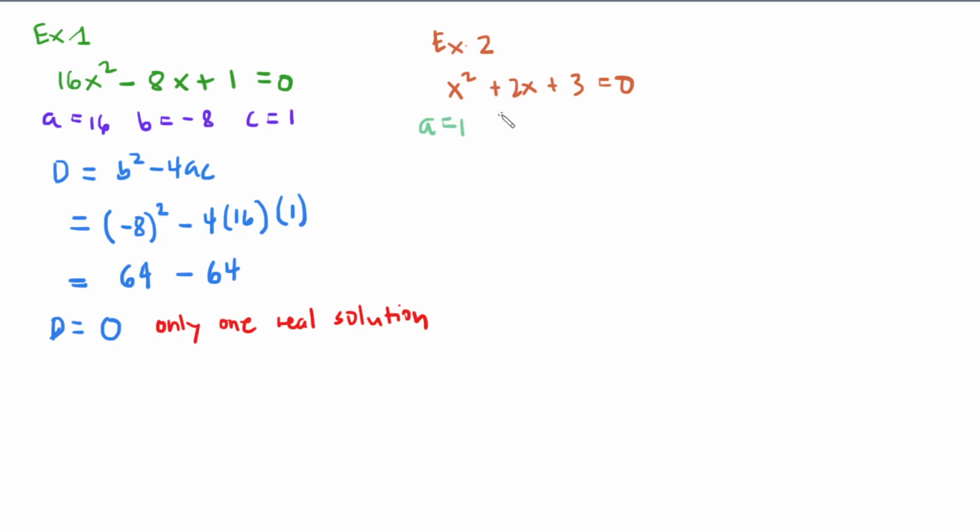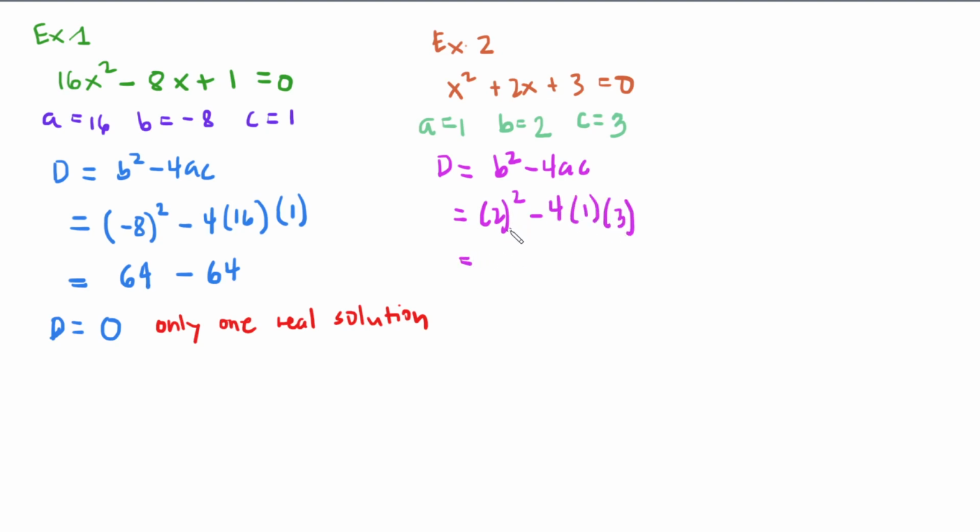So a is equal to 1, b is equal to 2, and c is equal to 3. Then apply the formula for discriminant, that is D is equal to b squared minus 4ac. Then substitute the values. We have b is 2 squared minus 4, a is 1, c is 3.